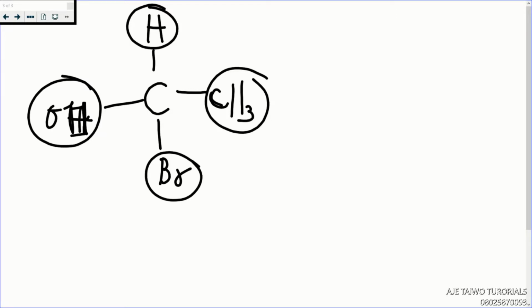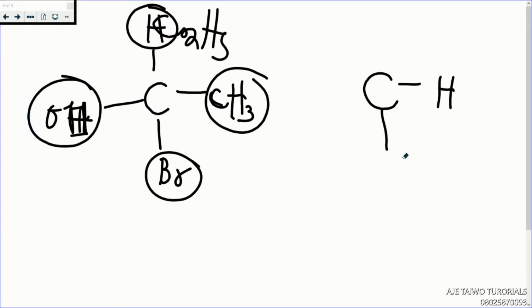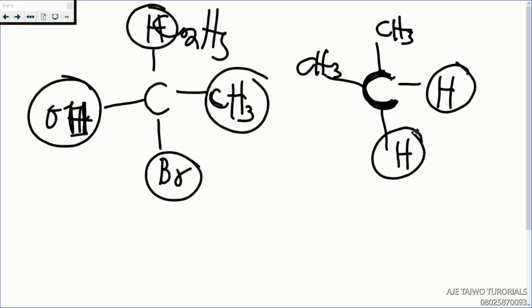This can be propyl, it can be ethyl, C2H5. It can be anything, but not the same thing as this. If you have C and you have H, the same H attached here, and you have, let's say, CH3 here and CH3 attached here, this carbon is not an asymmetric carbon, and it's not a chiral center, because this and this are the same.